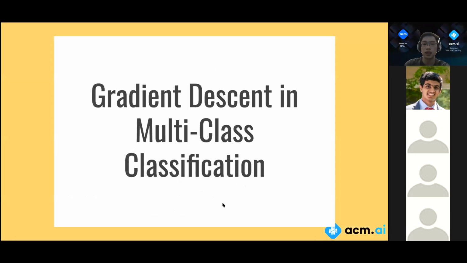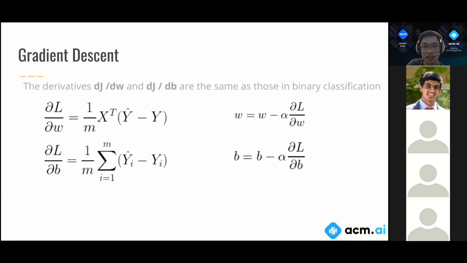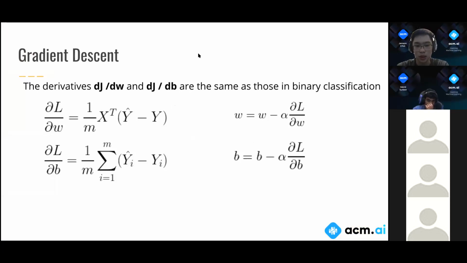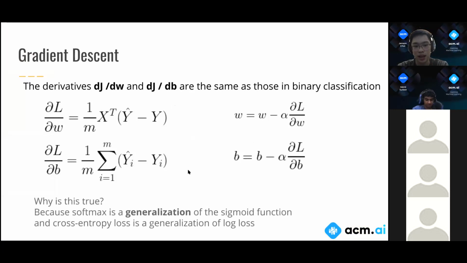All right, so let's talk about gradient descent in the context of multi-class classification. It turns out the derivatives are exactly the same, which is good news, and the update rules are also exactly the same. So why is this the case intuitively? I guess I gave you the answer.